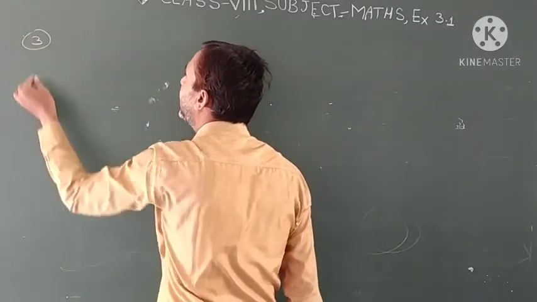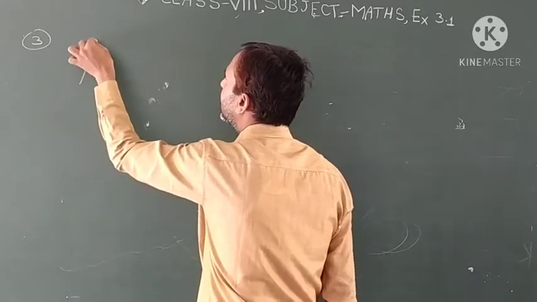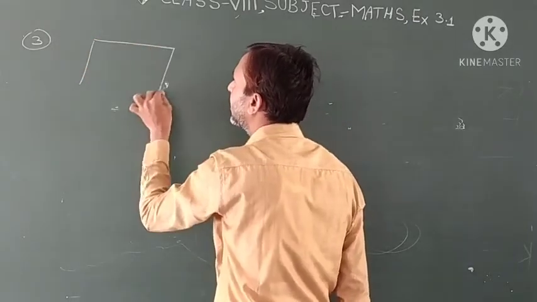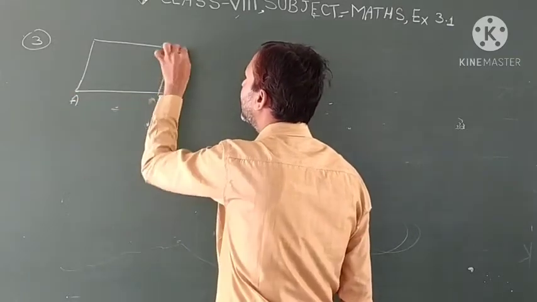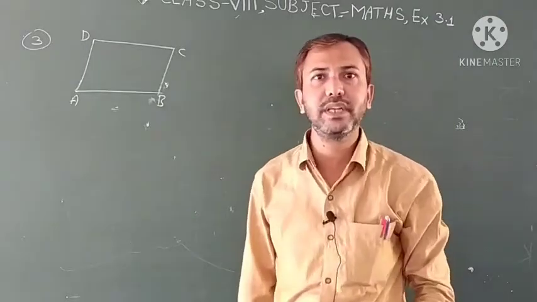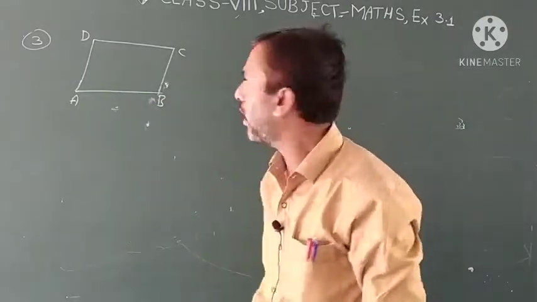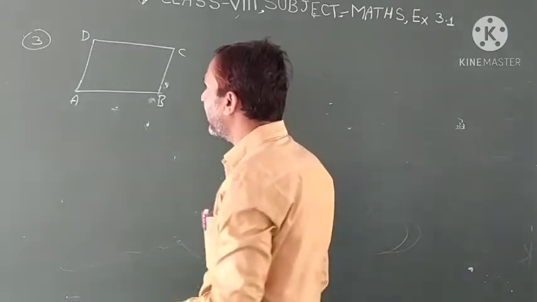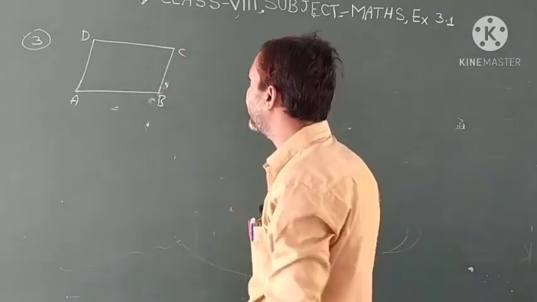Now I have constructed a convex quadrilateral. Why is it convex? When I draw the diagonal, it must be inside the quadrilateral. And I need to know the sum of all angles in the quadrilateral.